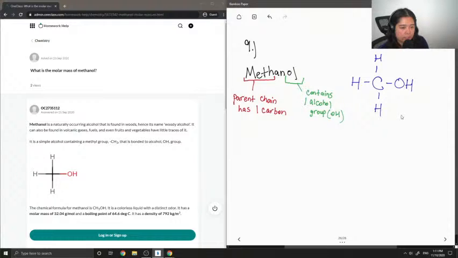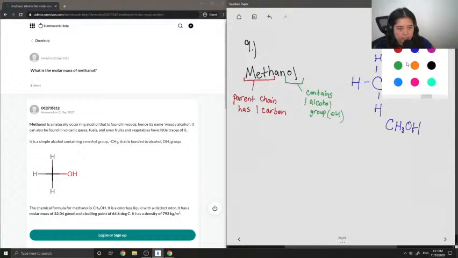So therefore, we can say that methanol has a chemical formula of CH3OH. I wrote it like this just so that we can see that it contains an alcohol group.